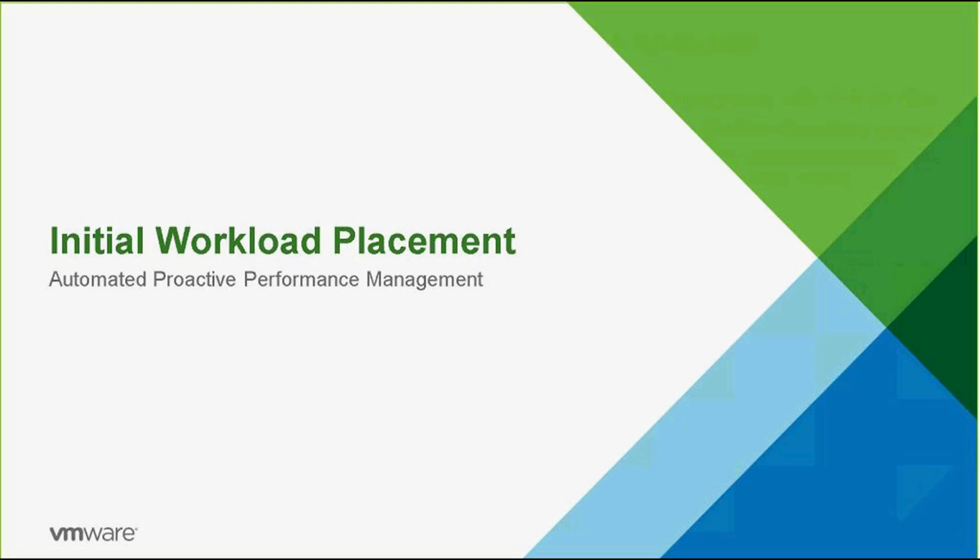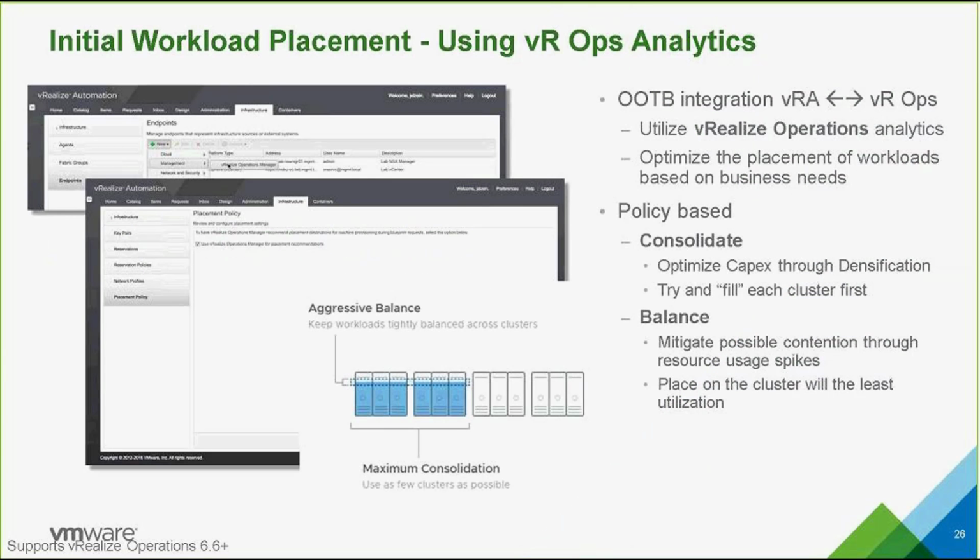The work that we've been doing for a couple of years now to increasingly integrate these products comes to fruition in about 2 slides that'll explain the whole solution. And really, thanks, Sunny, initial placement, or initial workload placement, is the integration between vRA and vROps in a way that neither the cloud admin nor the operations team have to really think about things like, where do I put these applications that get provisioned?